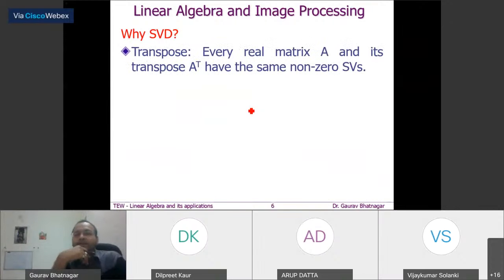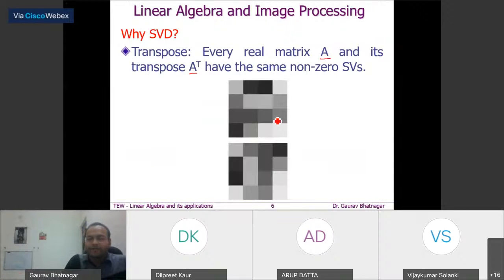The first property is going to be the transpose. Let's say you have a matrix A, and you take the transpose of this matrix A, that is A transpose. Then A and A transpose are going to have the same singular values. This property is very useful in image processing, because transpose is nothing but a rotation by an angle of 90 degrees.